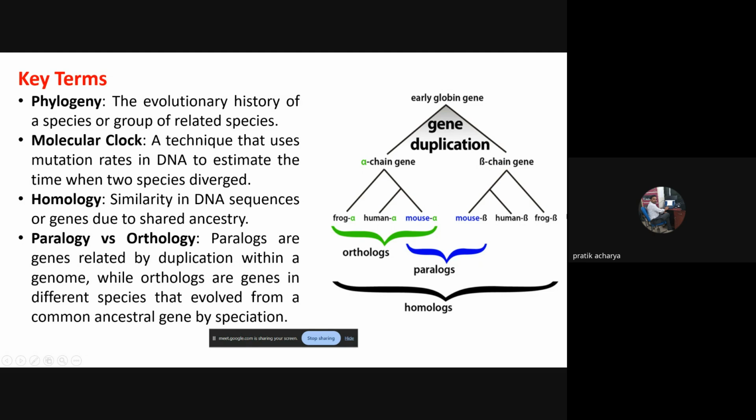All these are a homologous group because they all have globin genes. But homology is expressed in orthologous and paralogous conditions. Orthologous means different organisms having the same gene. Paralogous means within the organism, different genes are present due to duplication and divergence. So these are certain key terms we should know before constructing a phylogenetic tree.